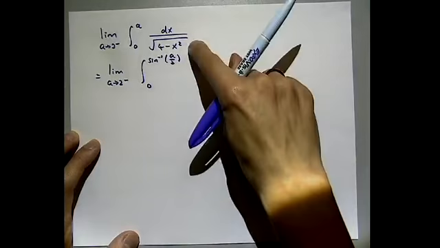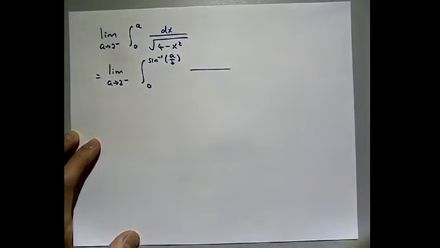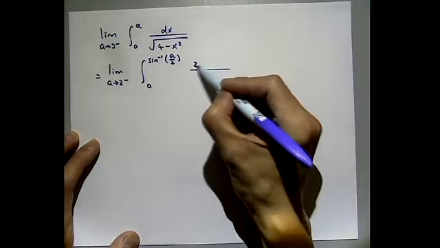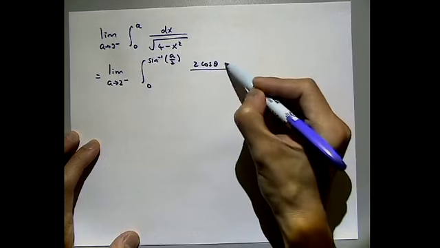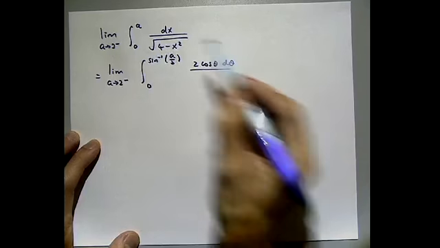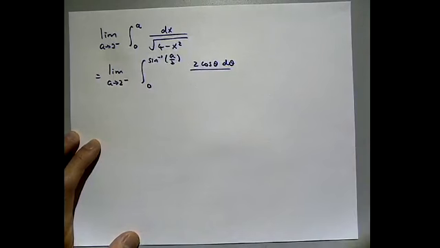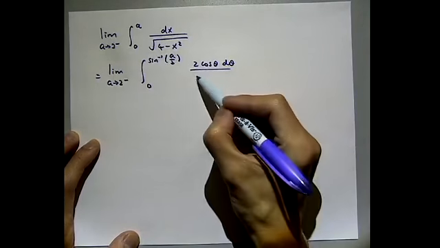And then dx is 2 cosine, and then radical 4 minus x squared is 2 cosine.